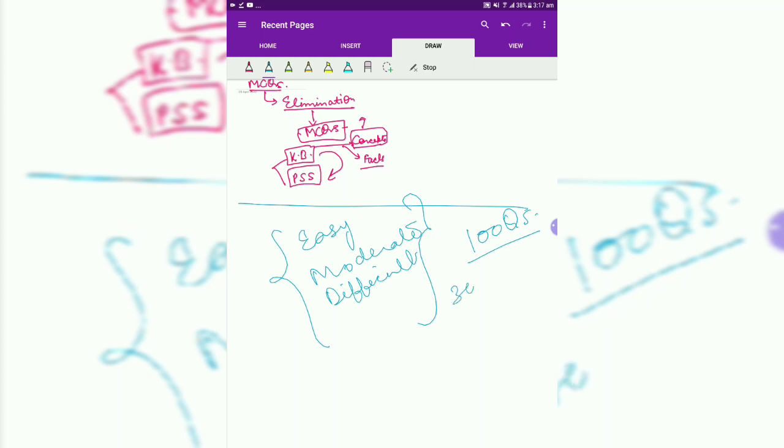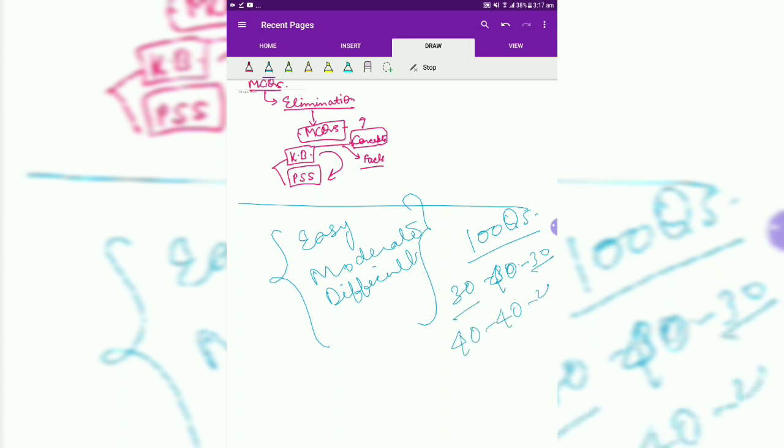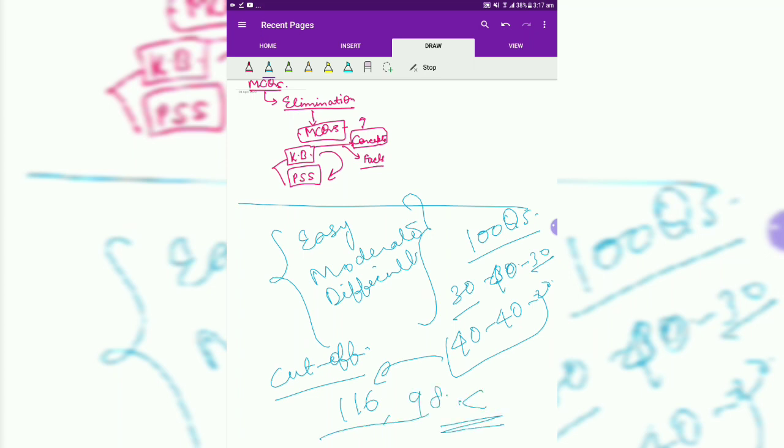You can see roughly a 30 ratio easy, 40 moderate, 30 difficult. Based on this, the cut off changes every year. Sometimes it goes to 116, a few times it goes to 98 or less than this, right?